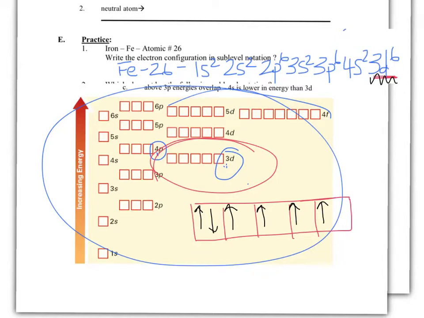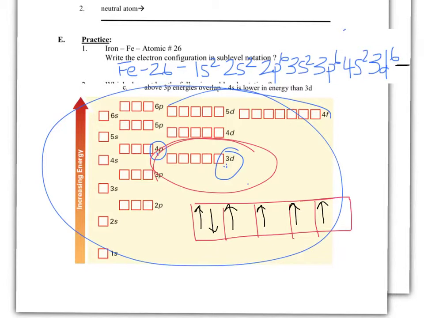So then the last part of this electron configuration, and the reason why I was showing you this, is because the last thing that you're going to write on here is how many unpaired electrons there are. Unshared comes later in the year.